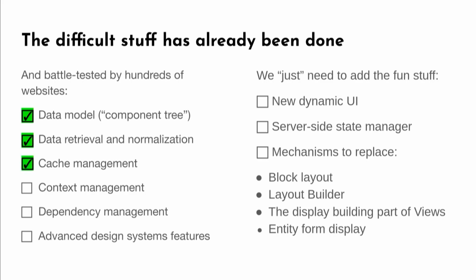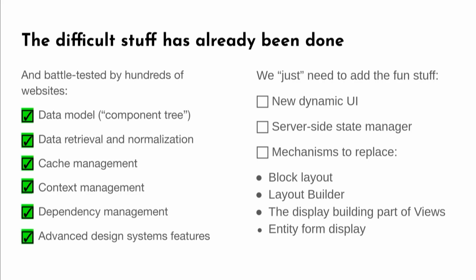We are managing the context. The context is very tricky. It's like 20% of the UI Patterns code base, the context management: where I am, what can I do according to the Drupal context. We are also managing config dependency management to avoid any break in the building experience. And we have advanced design system features.